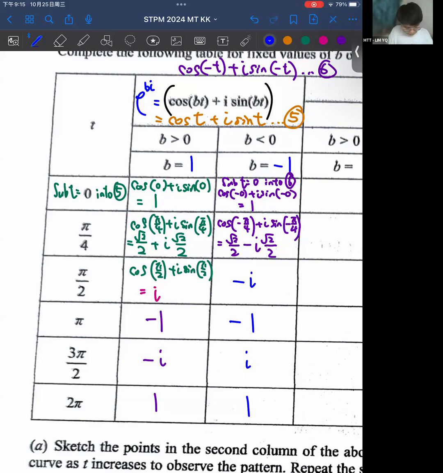Is it correct? Let me see it again. Why does it become like this? Oh, okay, sorry, I'm in degree mode.